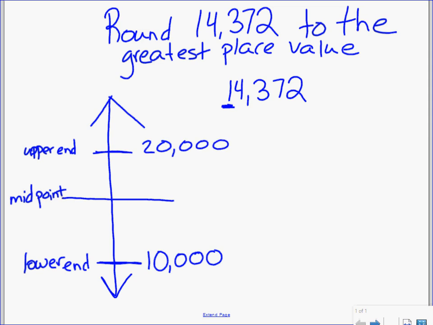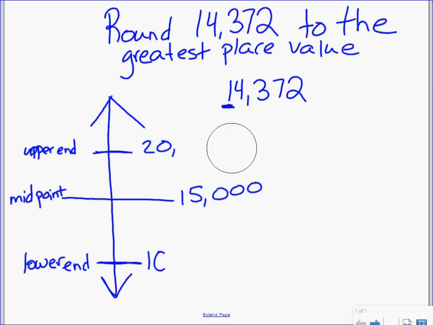And then the middle point would be 15,000. Another way to look at this is what's in between 10 and 20. Well, 15 is in between 10 and 20. So then all you would have to do is add the comma, and then add on those 3 zeros.